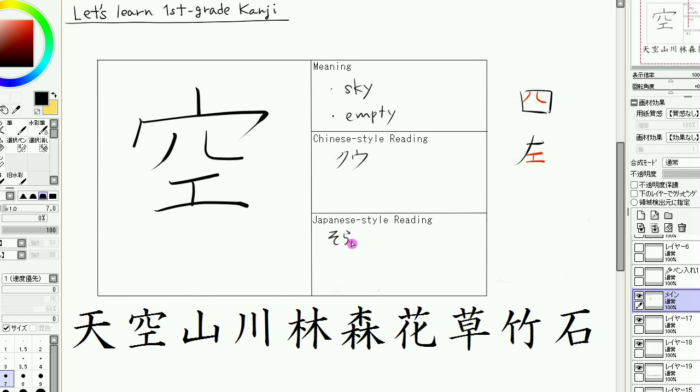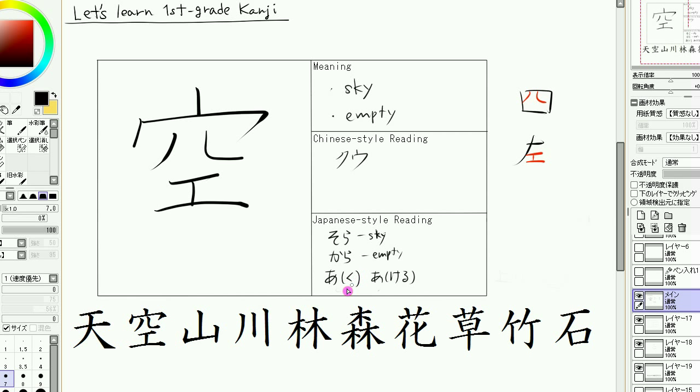Okay, how you read it is Chinese style ku, Japanese style, first of all, sora. Sora means sky in Japanese. Second of all, kara. Kara means empty in Japanese. Other than that, pretty rare, but we sometimes use it as aku or akeru.